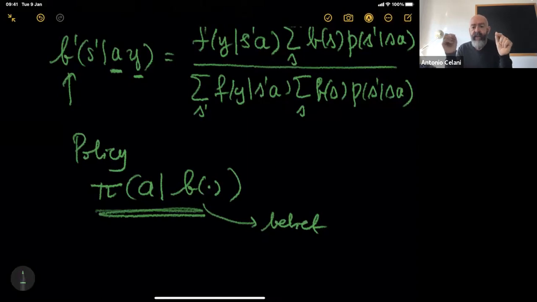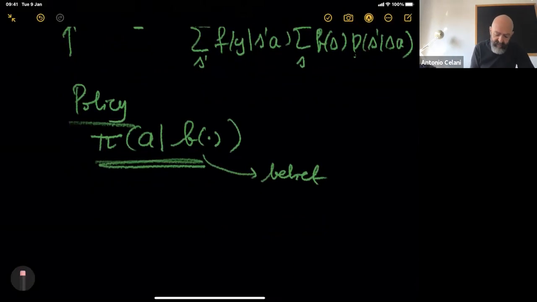Then, once you perform the action, the decision maker in its mind says, if I had this action, this would have led me to a belief B prime. And then in the new belief, I again consult my policy and extract a new action A, and so on and so forth. So that's what the idea is.